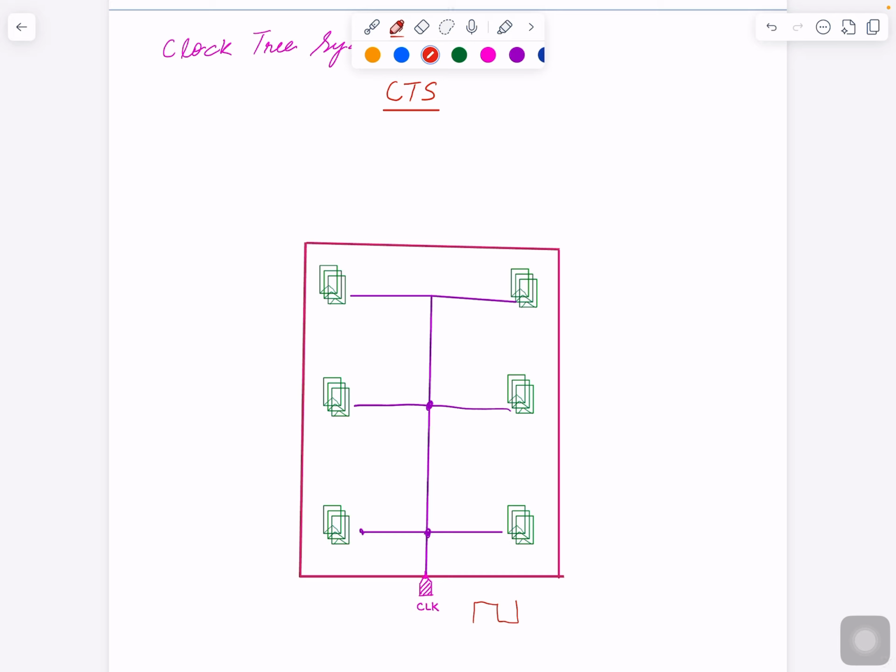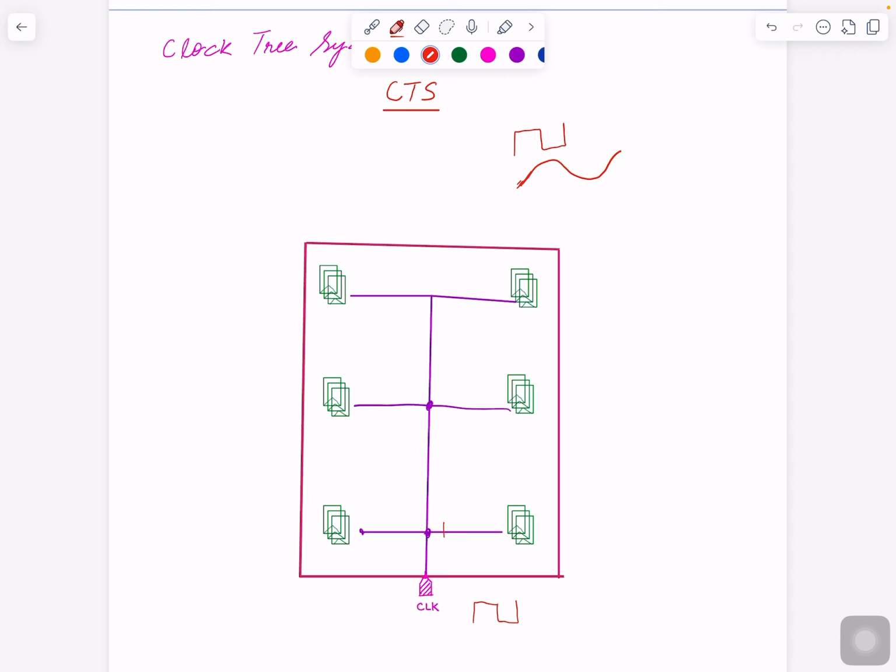And let's say this is a very long distance over this. So what will be the signal here? Well, depending upon how much R and C of this distribution. So if you have, let's say, this is that input clock, then this signal will not be able to go there. It will go, oops, what's happening here?